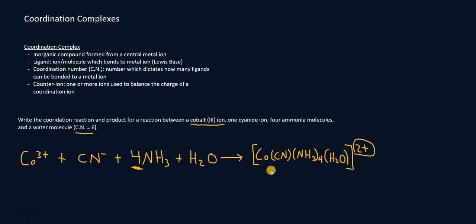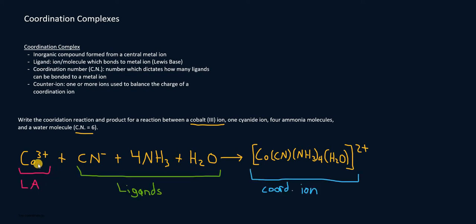So if we went through and labeled everything, this cobalt 3+ would be our Lewis acid. These 3 guys here would be our 3 ligands in our reaction, our Lewis bases. And this product here is going to be our coordination ion. But you'll notice, as we said before, this ion has an overall charge of +2.